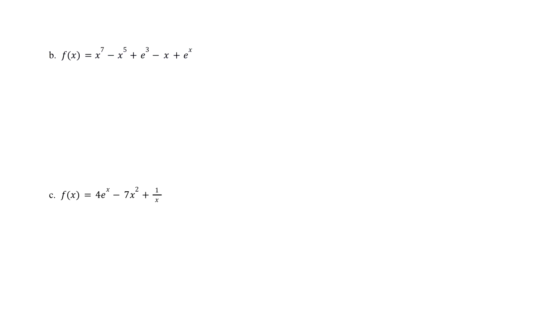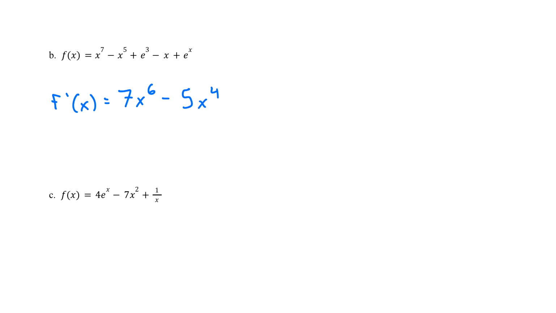The term that's going to be tricky for us to deal with is e to the 3rd power. The first few terms, we know how to take the derivative of. We're just going to use our power rule. So for my first two terms, f prime of x is 7x to the 6th power minus 5x to the 4th power.